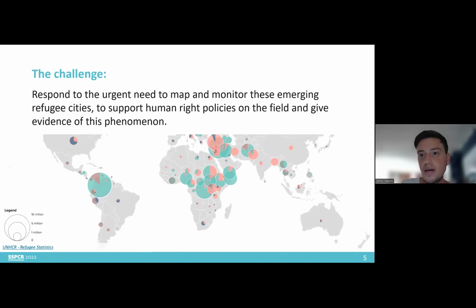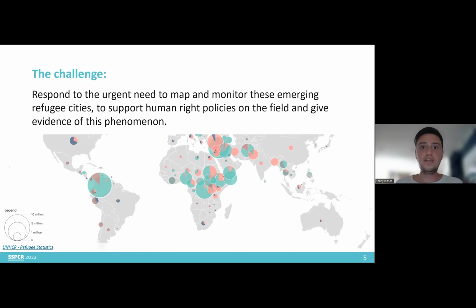So we gave ourselves this challenge before starting to work. And the challenge was to respond to the urgent need to map and monitor these emerging refugee cities. Because as you will see later, Zaatari is not just a refugee camp, it is a bigger surface where all these people are stacked. So the challenge was to support the human rights policies on the field and give evidence of this phenomenon.